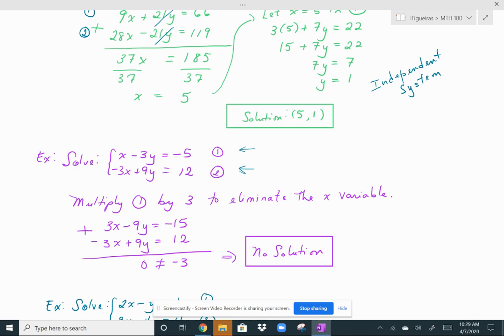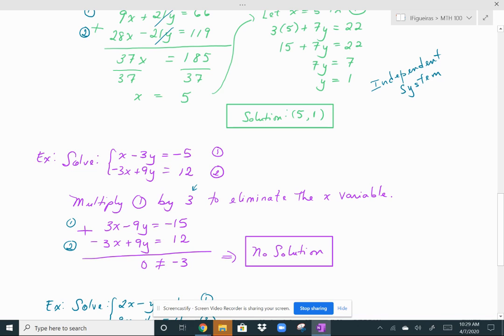So I'm going to eliminate x, and in order to eliminate x, I have to multiply equation 1 by 3. So that's what you see here. This is my new equation 1. You get 3x minus 9y equals negative 15. And equation 2 was not changed at all, so I'm just copying it down right here.